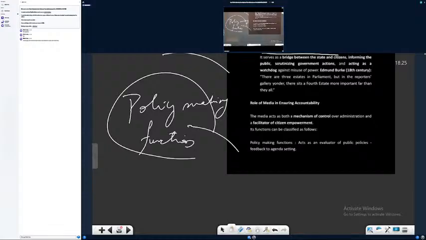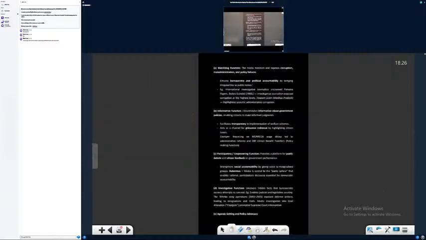It provides information about policy development, or shows some issue to the government that this is the problem, and mostly does a job of agenda setting. Okay, that is how policy making is being done. So this is the policy making function.